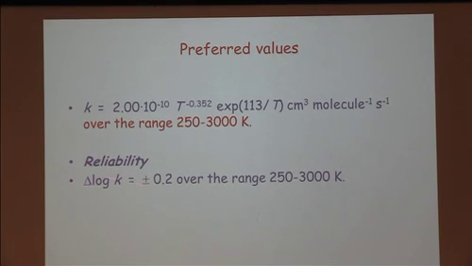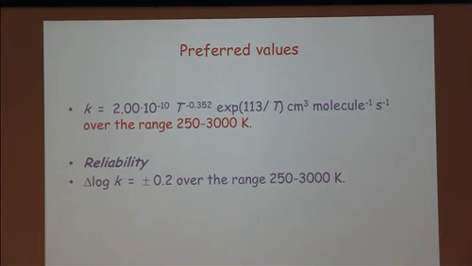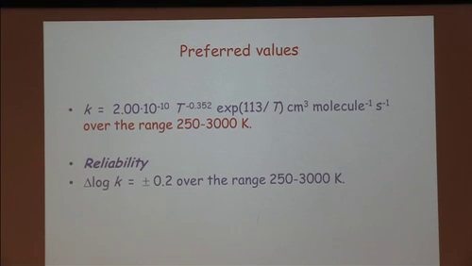So if delta log K were 0.3, that would mean that there was a plus or minus, if you like, a factor of 2 uncertainty in the rate coefficient. So the rate coefficient could be a factor of 2 larger or a factor of 2 smaller. So the uncertainty here is 0.2.